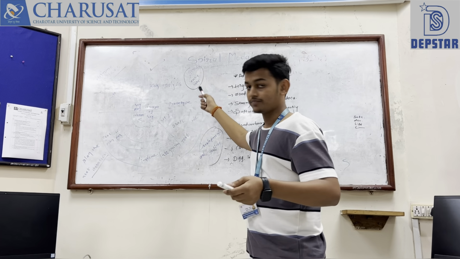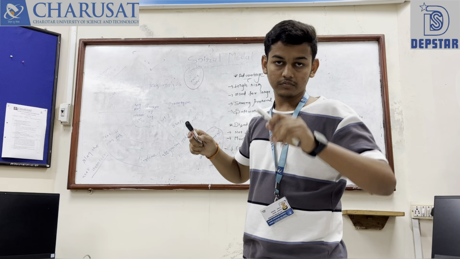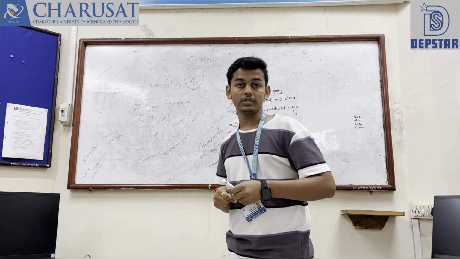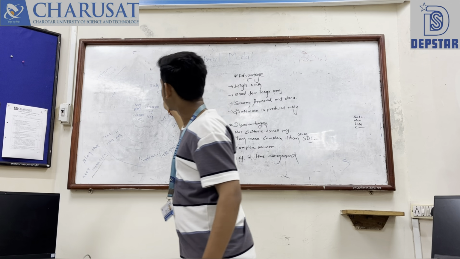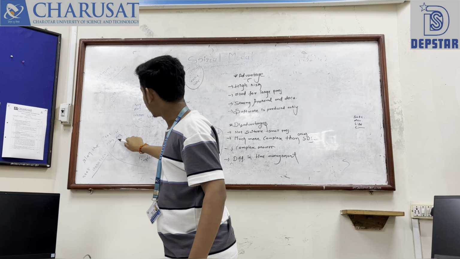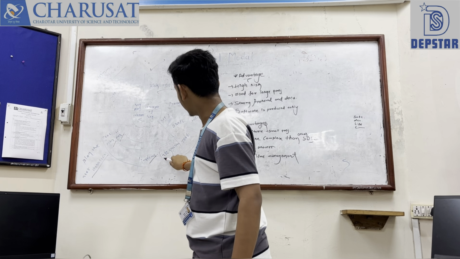In its diagrammatic representation, it looks like a spiral with many loops. So risk analysis, test plan, development plan, implementation and integration.